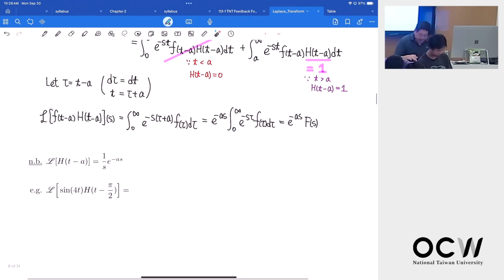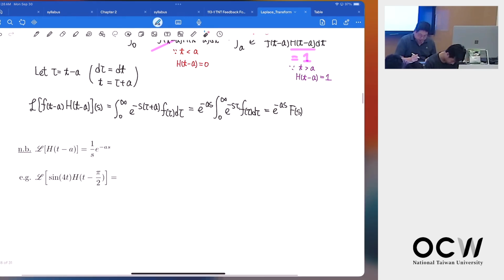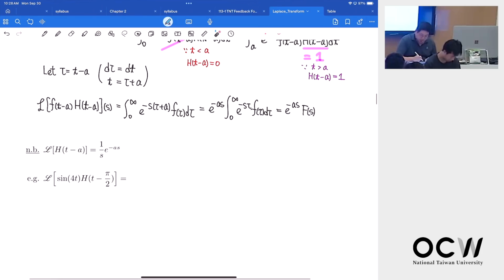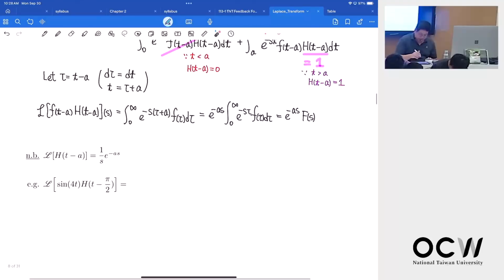Let's see this example. I have the Laplace transform of sine times the shifted Heaviside function. First, if we have a shifted Heaviside function, we may think about this theorem. So first, let's just focus on the sine function.